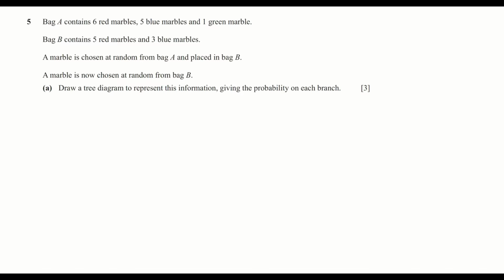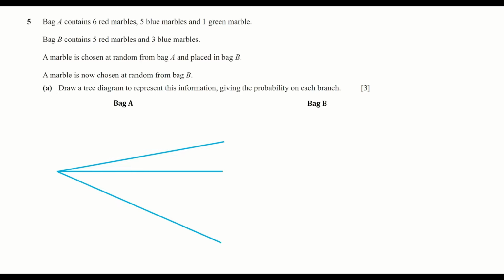We're working with 2 bags, so we need to draw branches for bag A and for bag B. Bag A contains red marbles, blue marbles, and green marbles, so we need 3 branches for bag A. Let's label our first branch R for red, B for blue, and G for green.